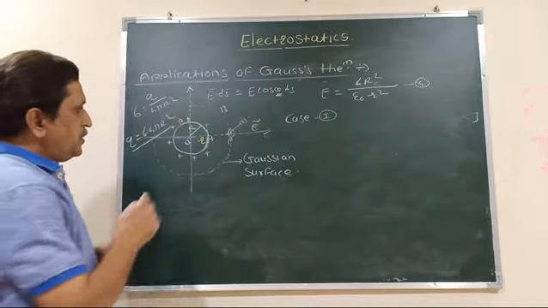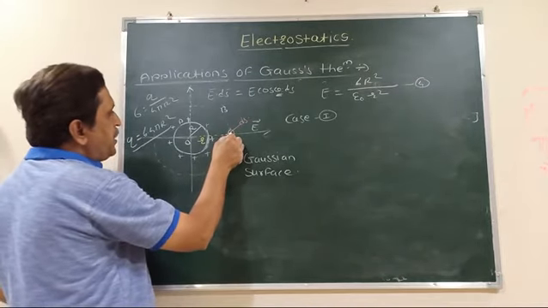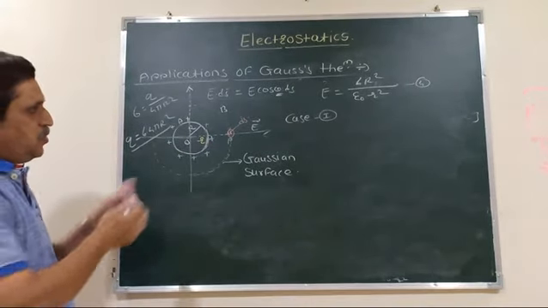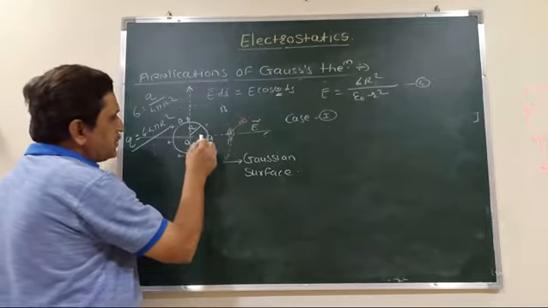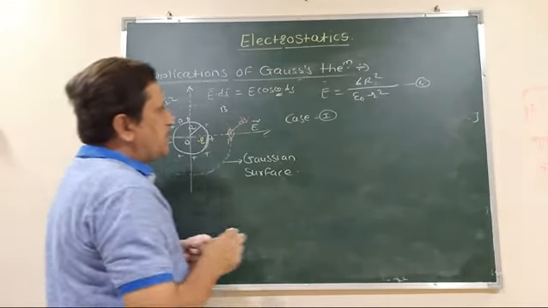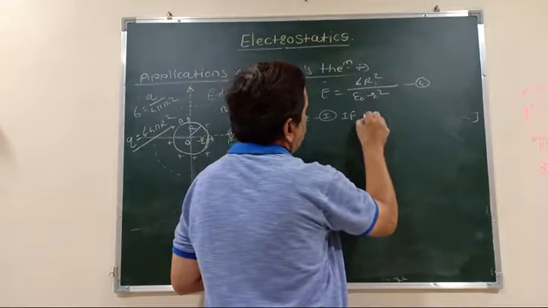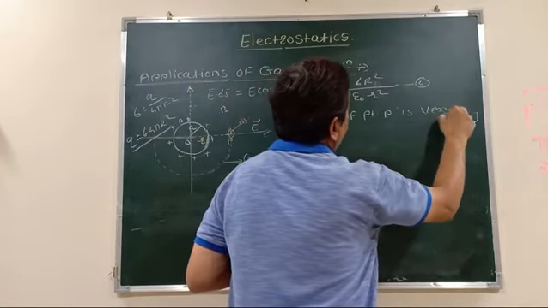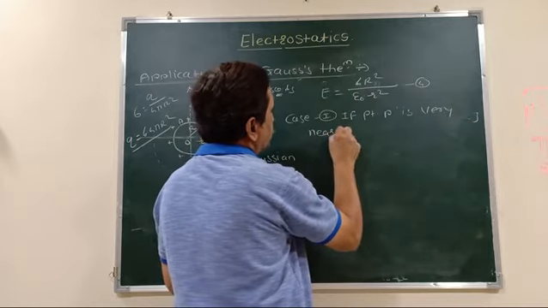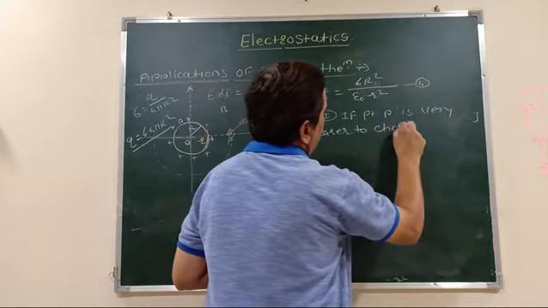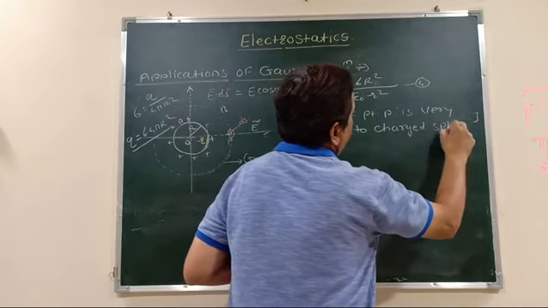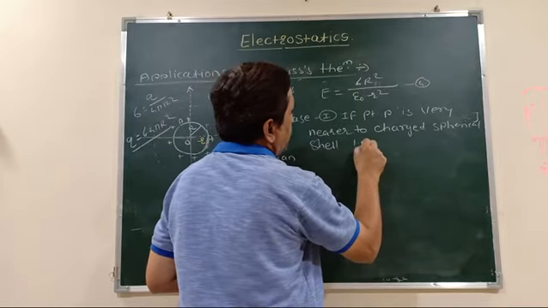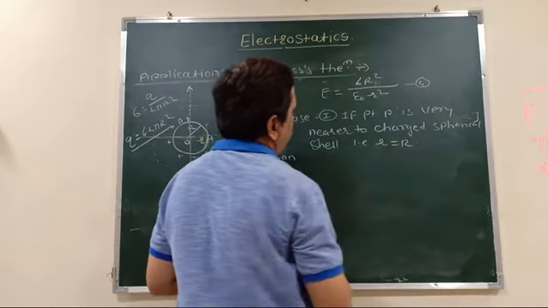Possibility क्या है, that point may be very near to the charged spherical shape or hollow sphere. इसका मीनिंग क्या होता है, small r is nearly equal to the capital R. If point P is very near to the charged spherical shape, that is small r is equal to capital R.